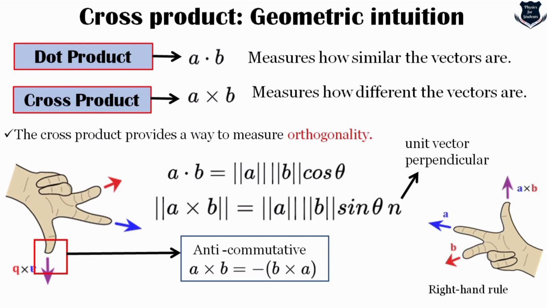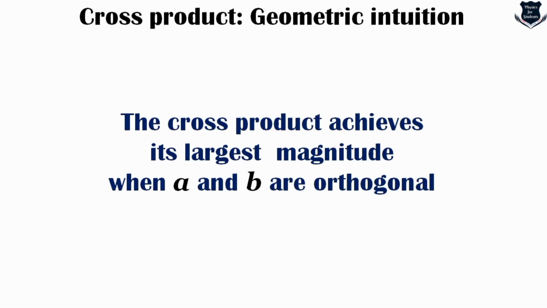So this is why it is called anti-commutative. I told you that we are going to see visually what it means to be anti-commutative. So this is what is meant by anti-commutative. Okay. So this is an important property.